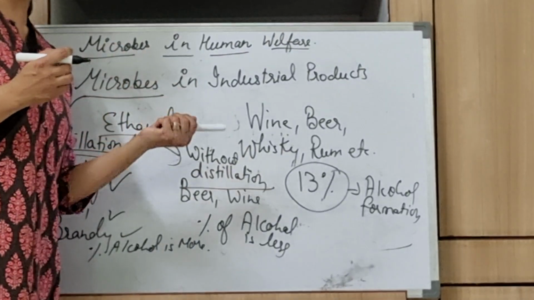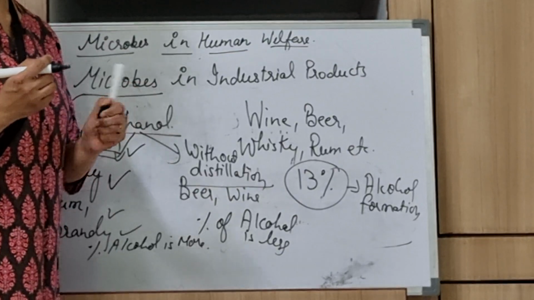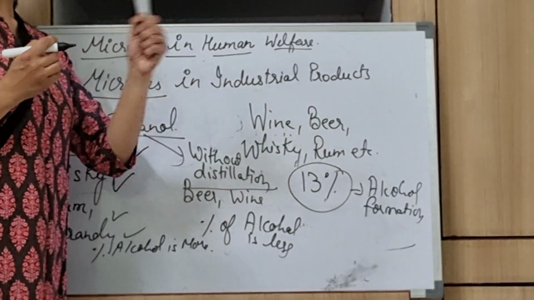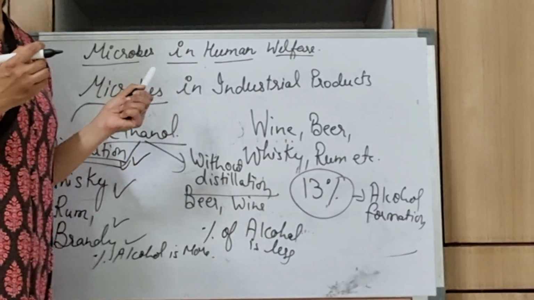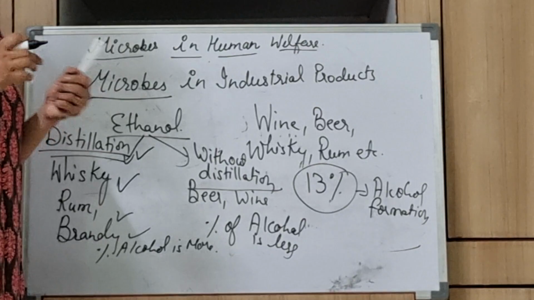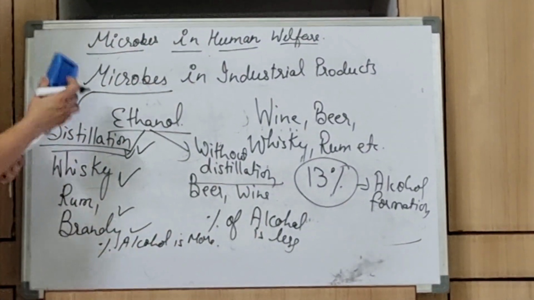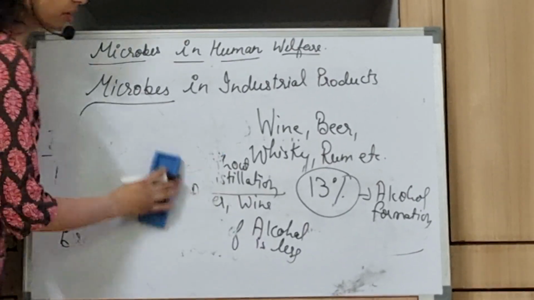When we use yeast in baking, it is called baker's yeast. There is no difference between both the yeasts, but the purposes are different. Now let us talk about how microbes are used in making antibiotics.